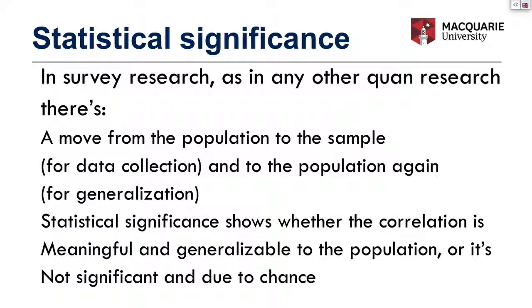And usually the default in social sciences and humanities is 0.05. In other words, if the level of significance in a statistical analysis is equal to or lower than 0.05, then we can be 95% sure that the results are meaningful and therefore generalizable to the population.